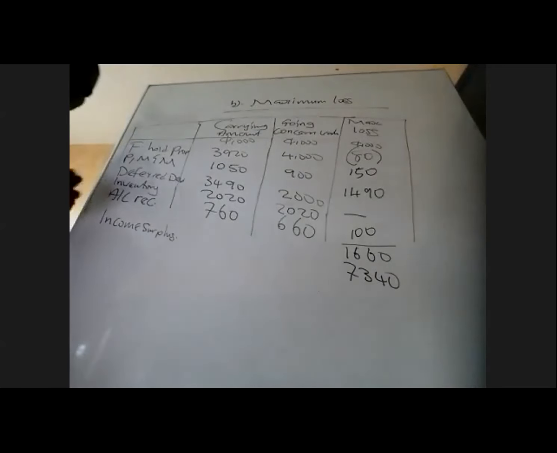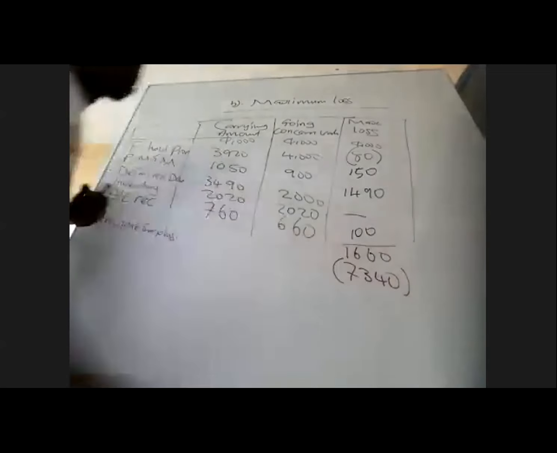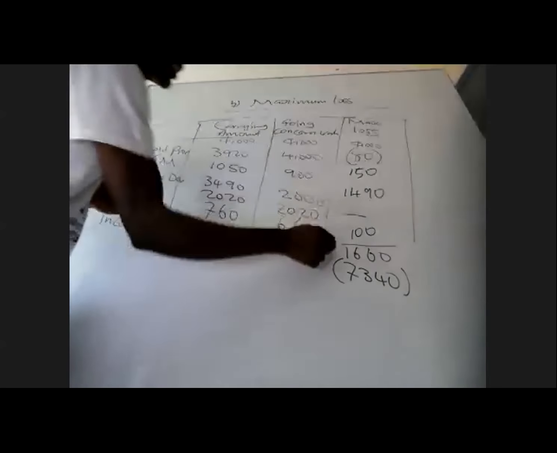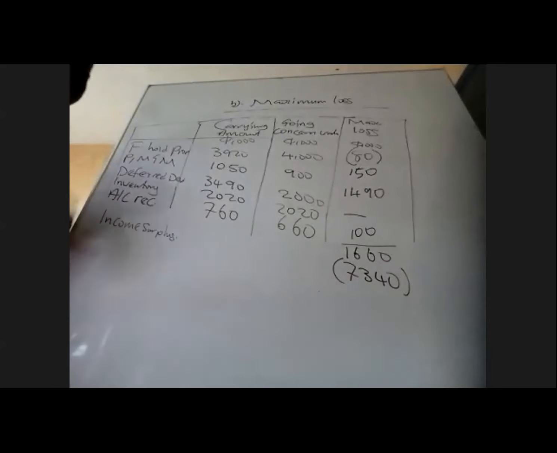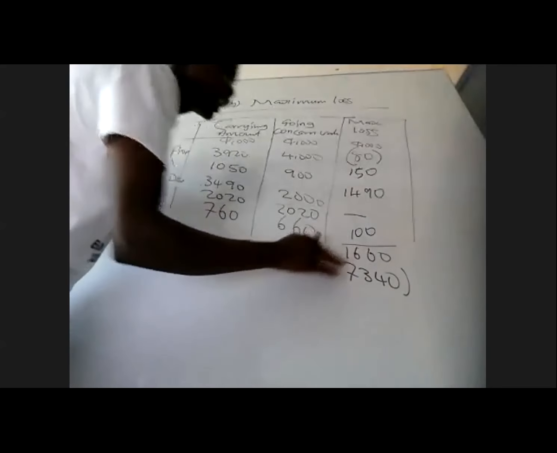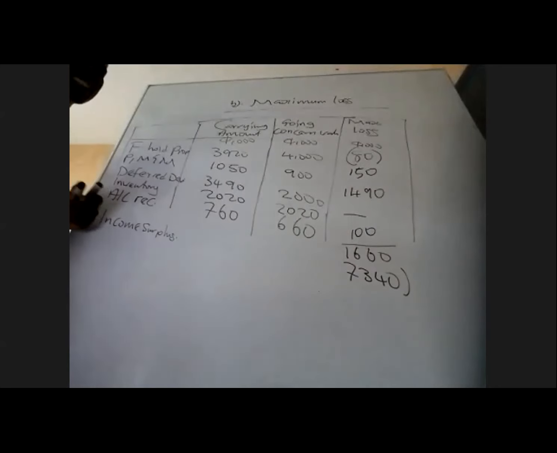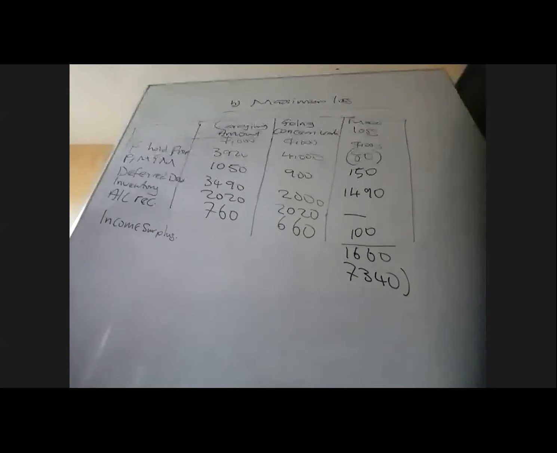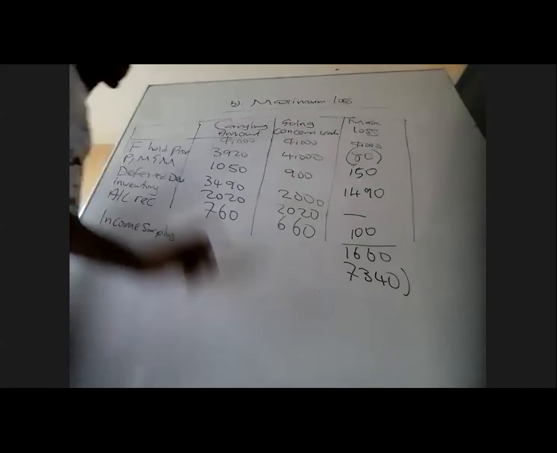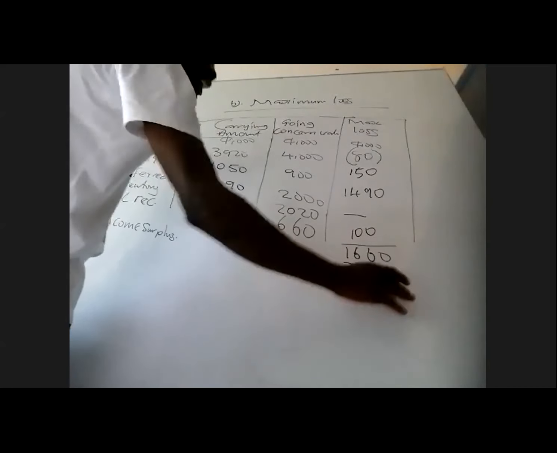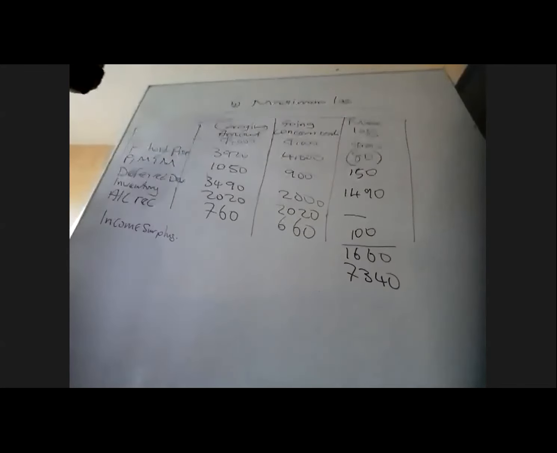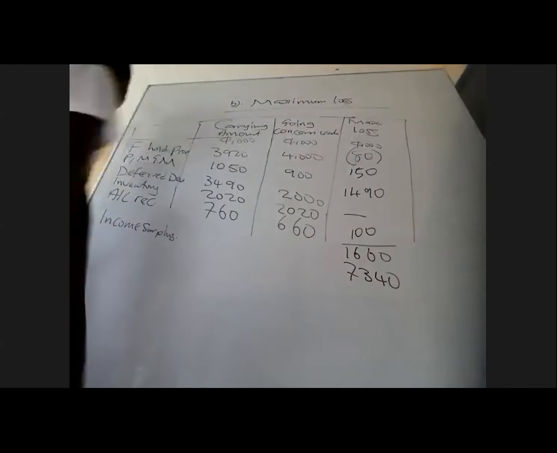When it's negative there, please don't put negative here, not at all. It's a loss over there, and we are calculating loss. So loss to loss, what do you do? Add. So when you come, just add it, even though it will be negative on the face of the financial position. The question is, what if it's positive on the financial position? If it's positive, and it's no mistake, because for a struggling company, most often your reserves are negative, if it's truly positive, then just come and deduct it.